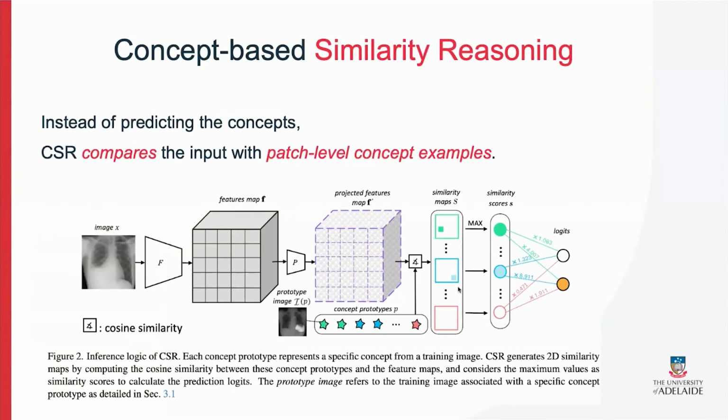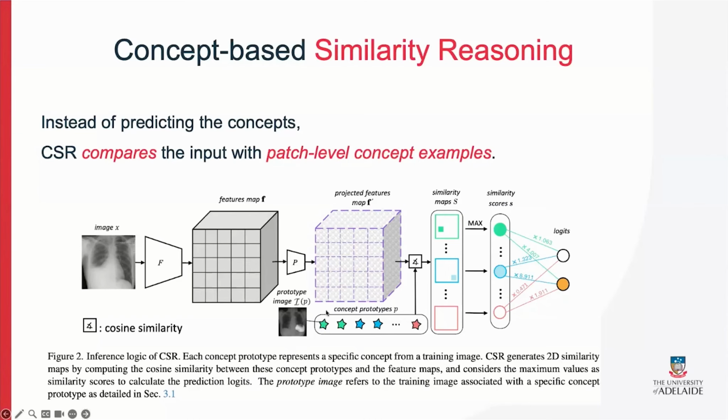So we come back to the medical problem. And this is the whole inference pipeline of CSR for a given X-ray. Given an image, we have a feature extractor to extract the feature maps from the image. And then we will project this feature map to a space that is better represented with concepts.